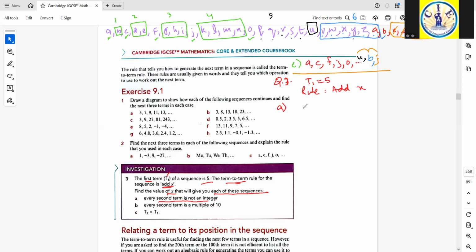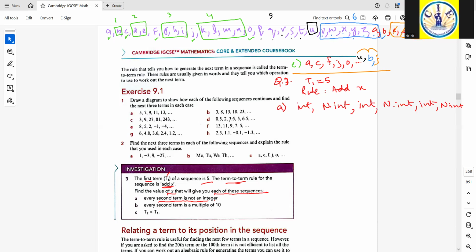The fourth term is not an integer, then integer, then not an integer, then integer, then not an integer, and so on. So this is a pattern that is required in the question.